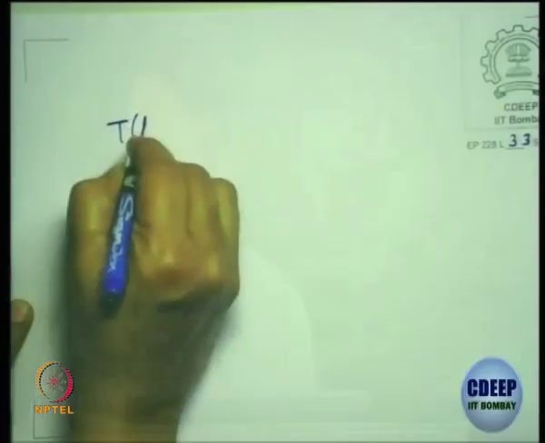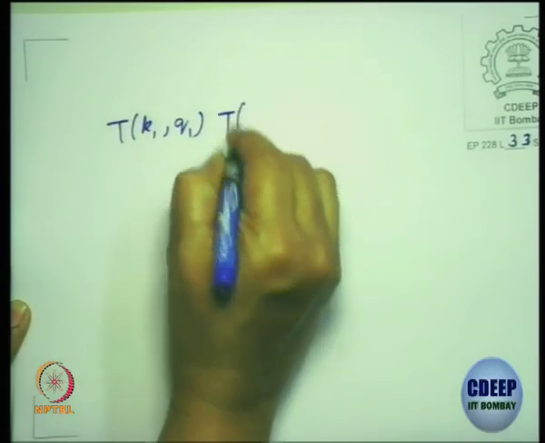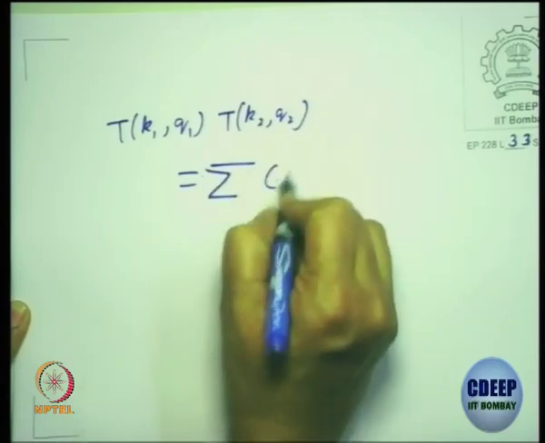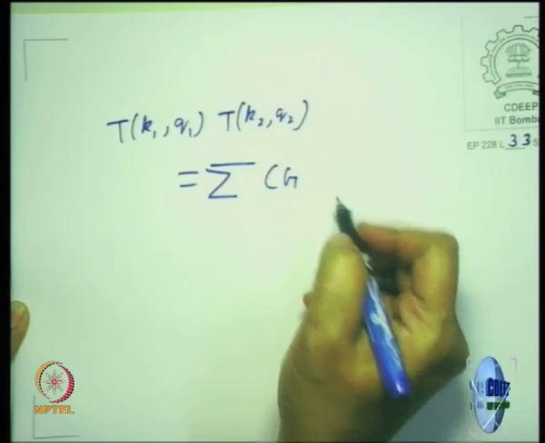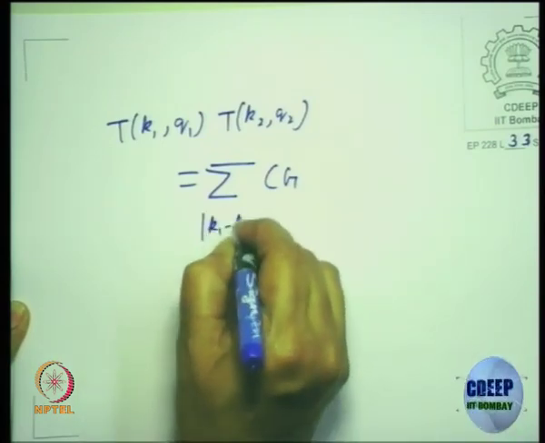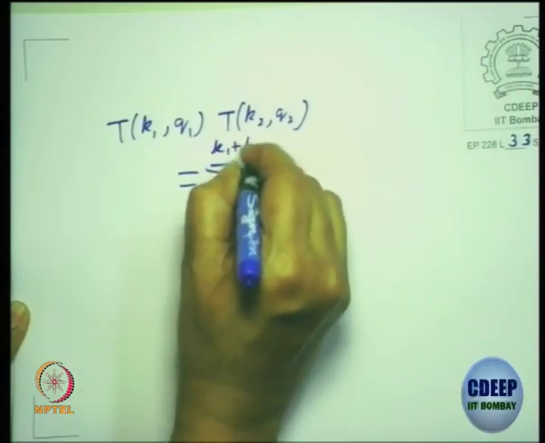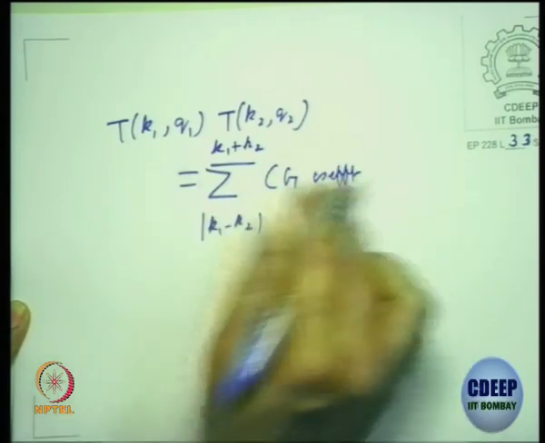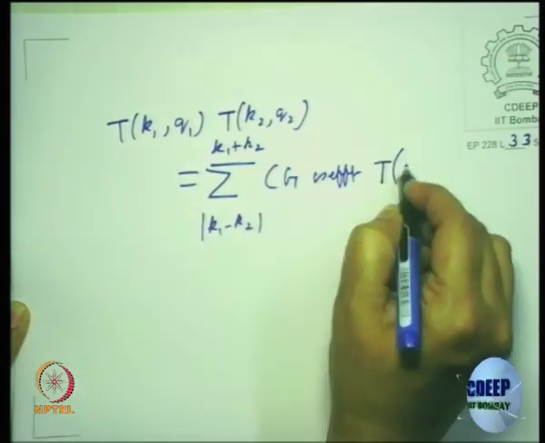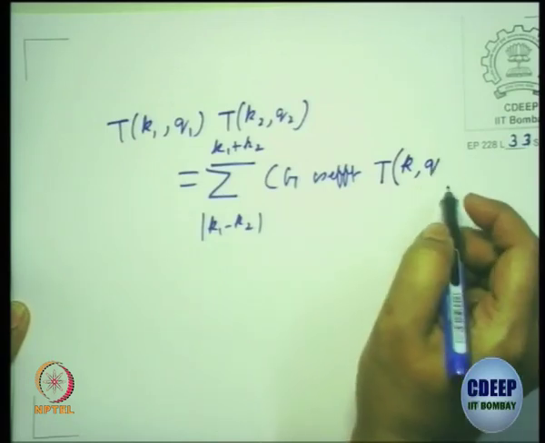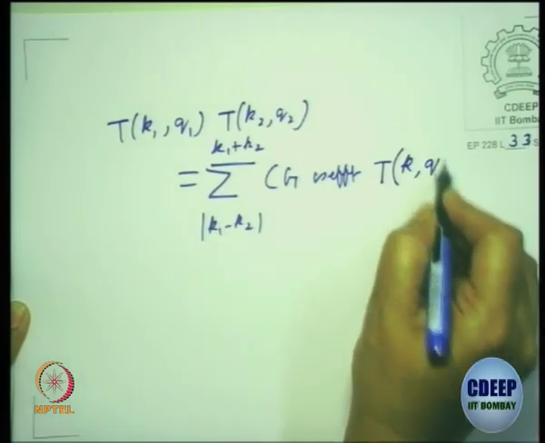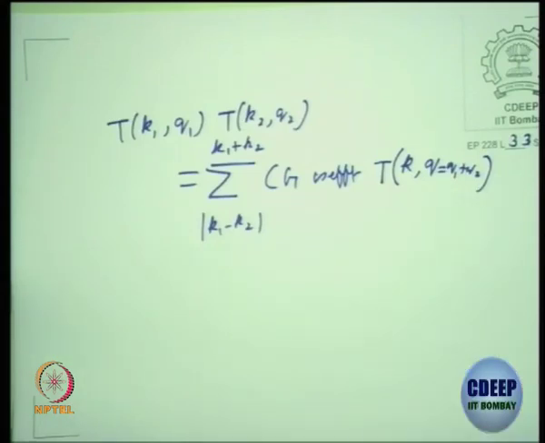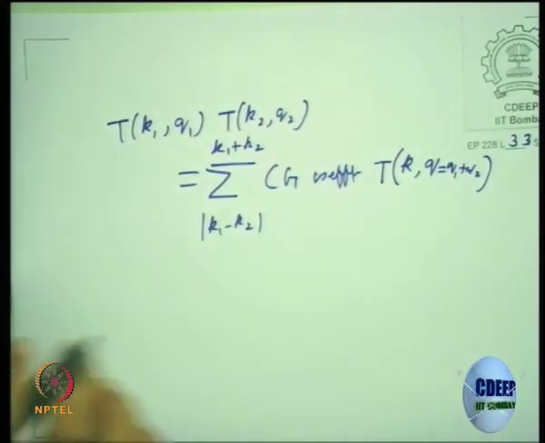So what I am trying to say is, if you take K1 Q1, take K2 Q2, you can write it in terms of the CG coefficients, with K going from mod K1 minus K2 to K1 plus K2. I can write that also explicitly, but you understand what I mean. And this Q is restricted for a specific element.